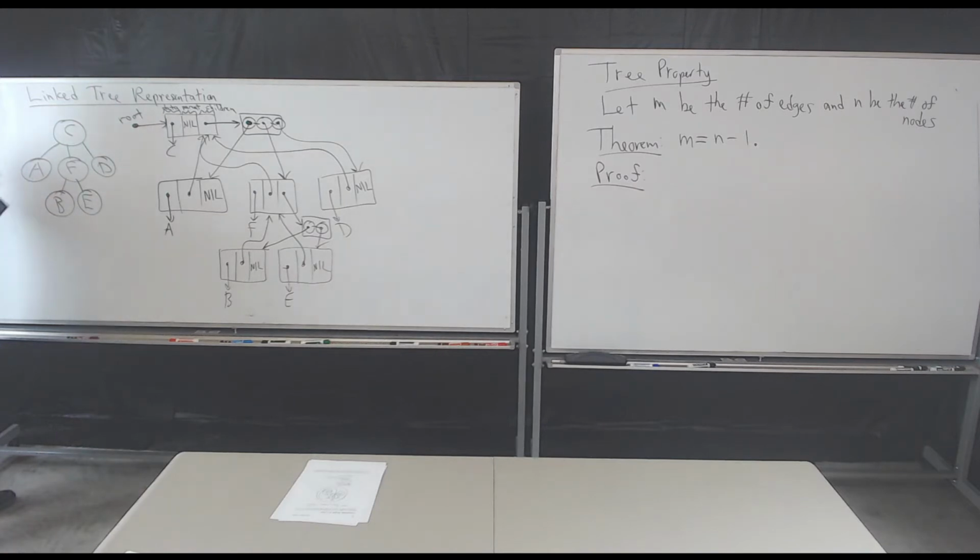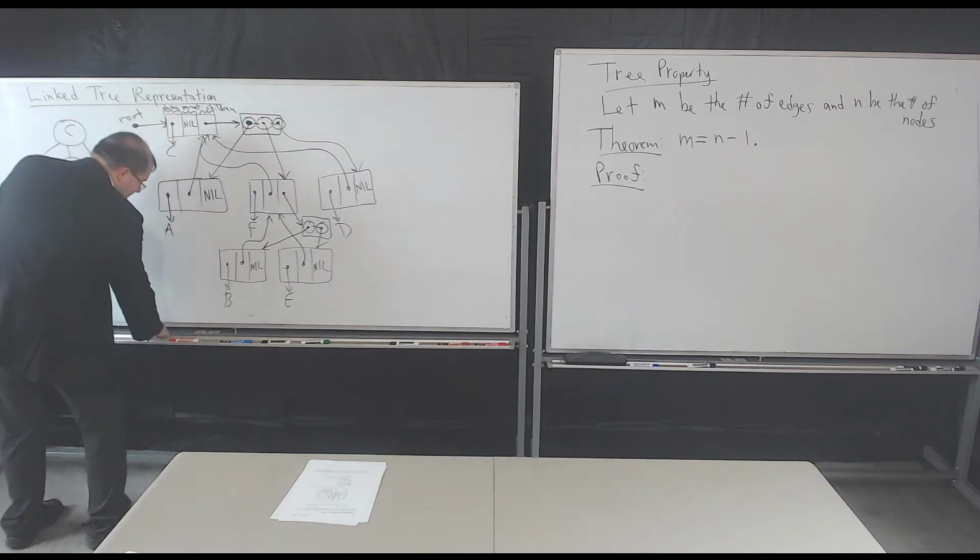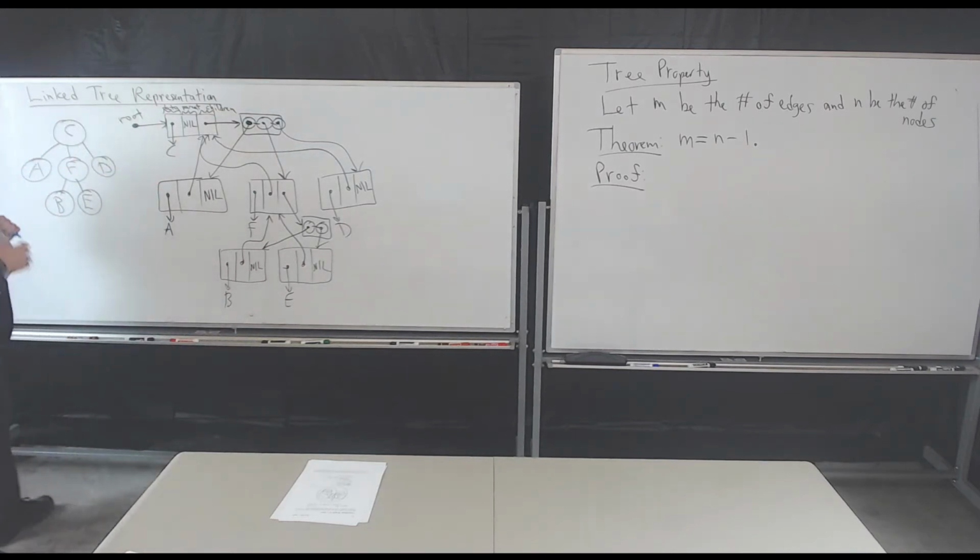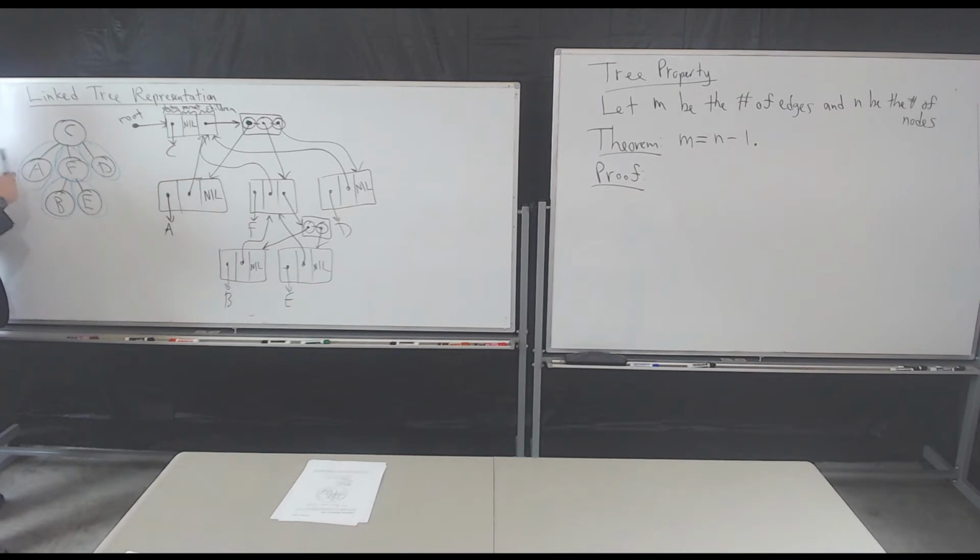So here's going to be what the counting argument we're going to use looks like. Let me get a different color here, because I find it more fun to do it this way. So each one of these nodes has a unique parent, right?